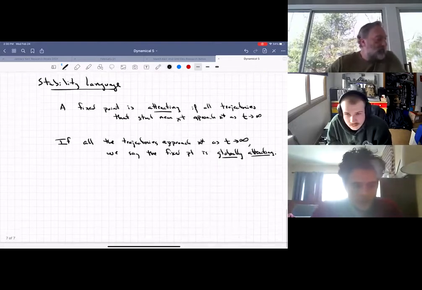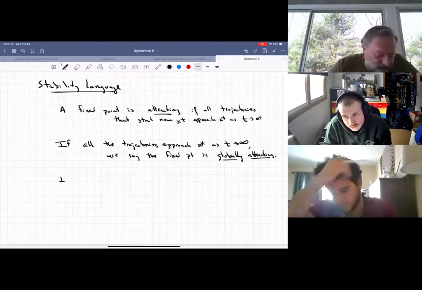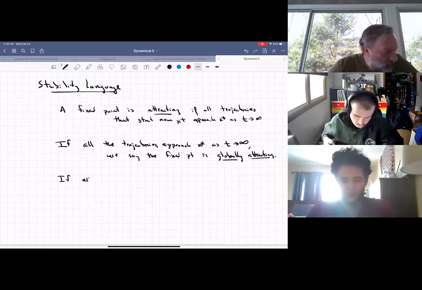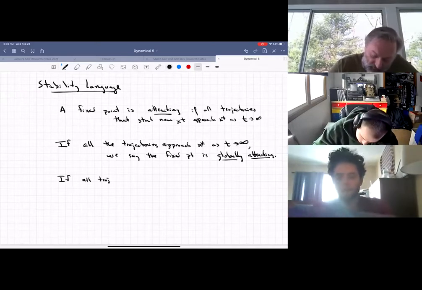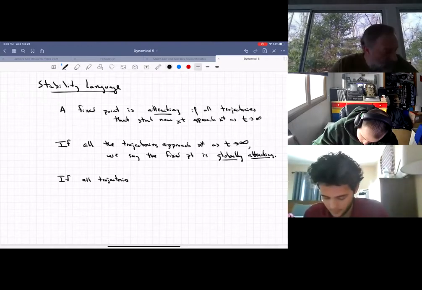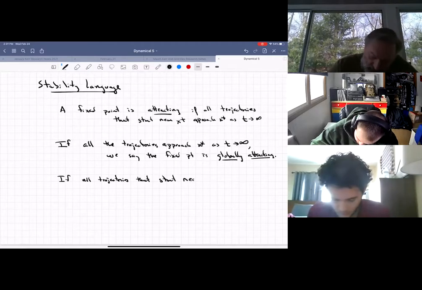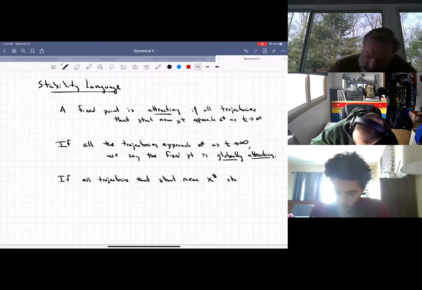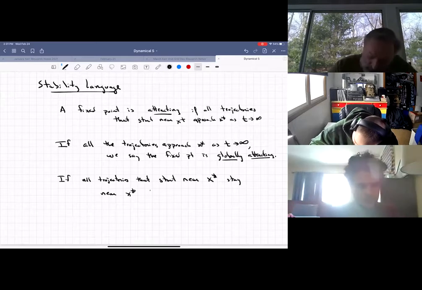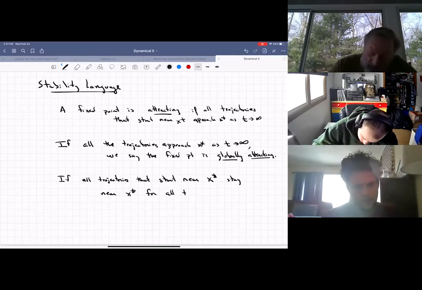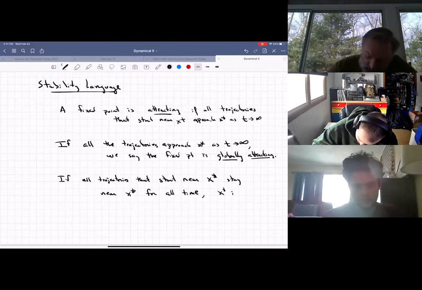Okay. Now, if all the trajectories that start near X star stay near X star for all time, then we say that X star is Lyapunov stable.